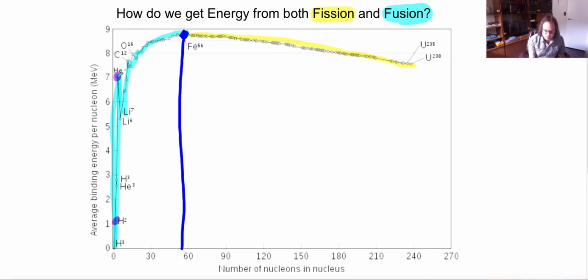My x, or number of nucleons, barely shifts over compared to the amount of increase I get in the y for binding energy when we have fusion of two deuteriums into helium. My slope and my jump to go from two deuteriums to helium is huge. That means there's going to be a lot of energy given off there to get that stability.